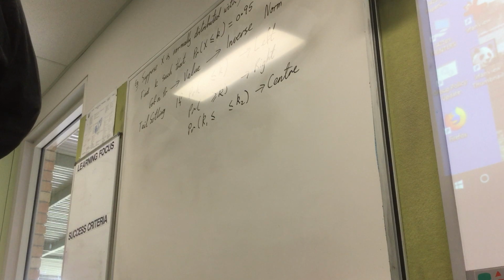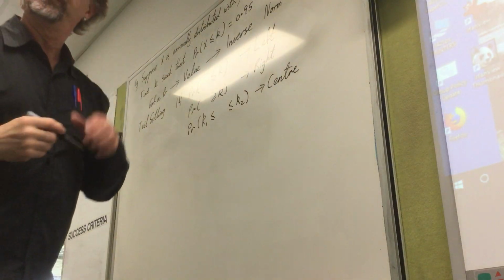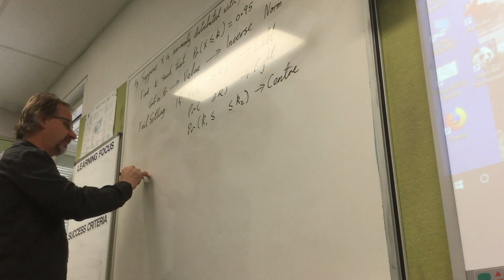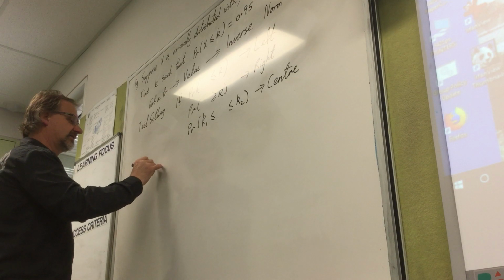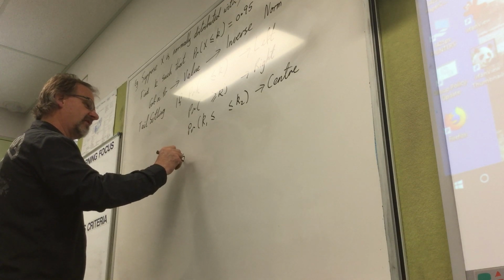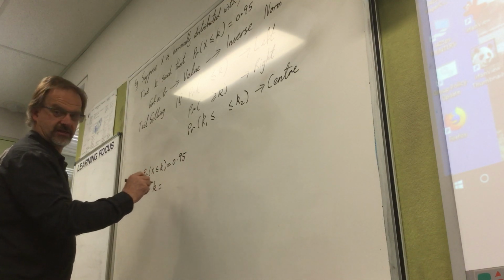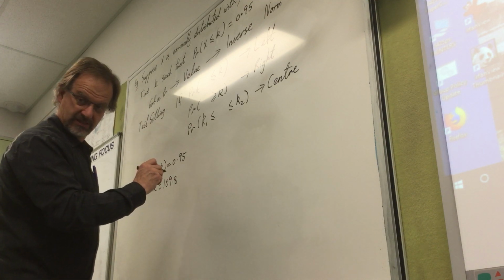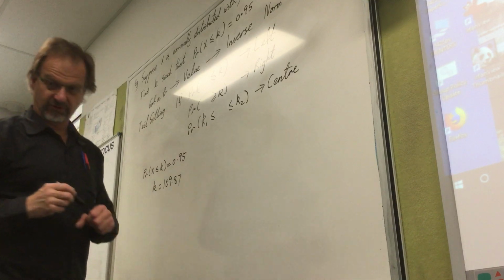And again, you can have a look at the graph of that. So this point here, 109.86, to the left of that. So in this case, our probability that X is less than or equal to K being equal to 0.95, K is 109.87.